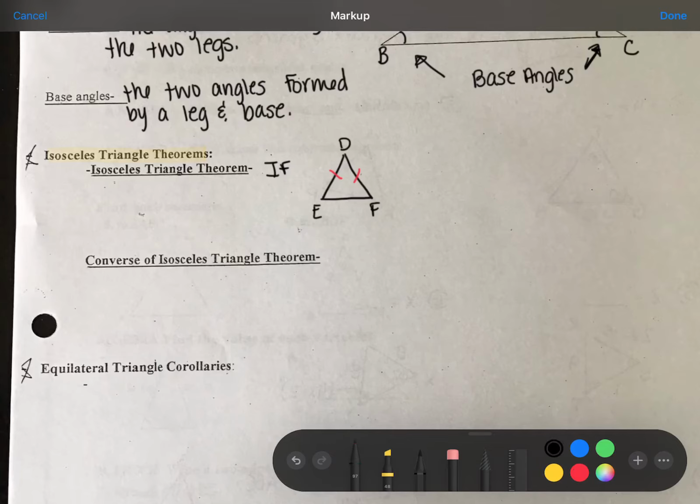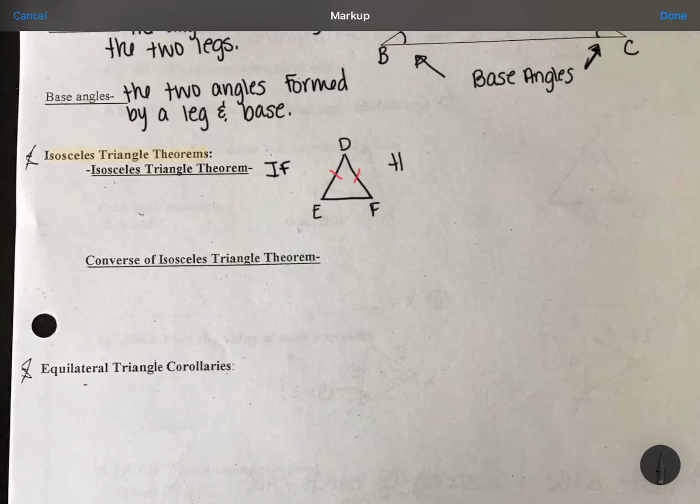So if you have an isosceles triangle and the legs are congruent, then we can conclude that angle E is congruent to angle F. The base angles would be congruent to each other. So if you have an isosceles triangle, then we can conclude the base angles are equal to each other.